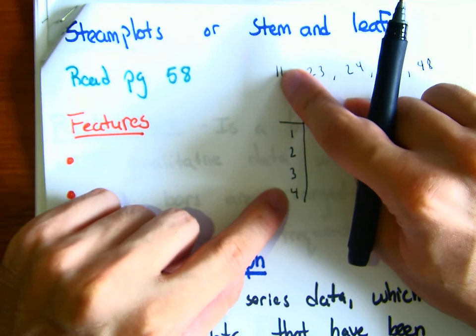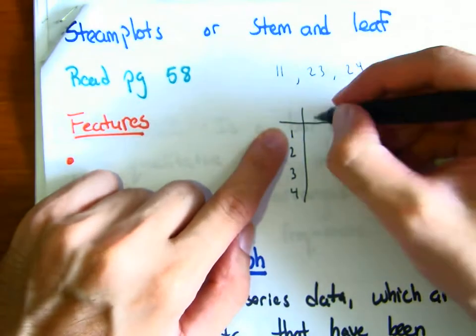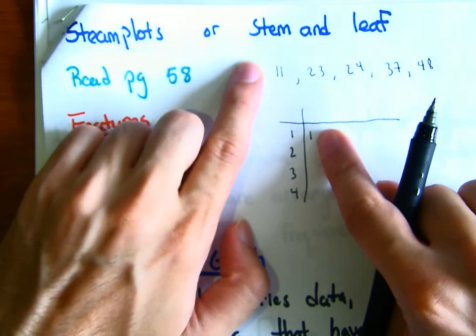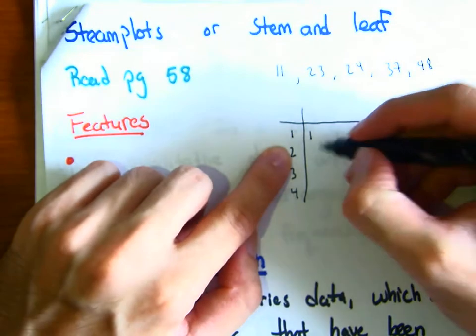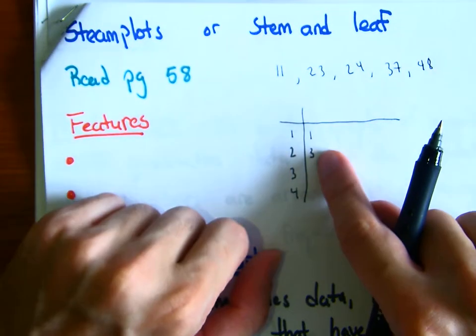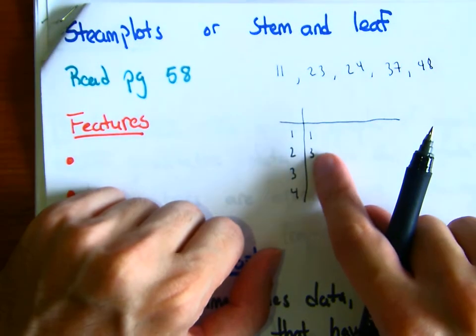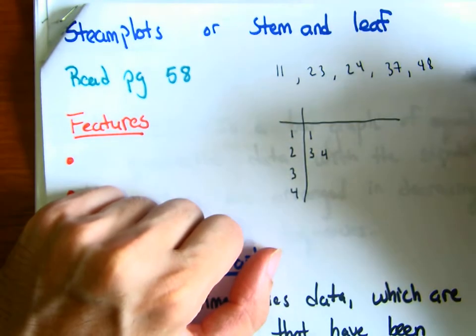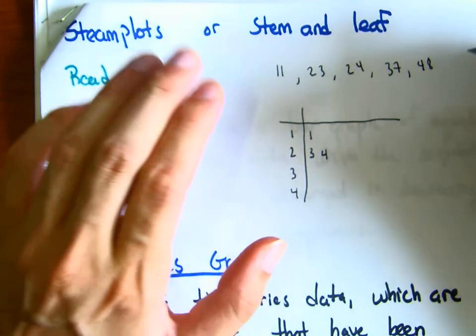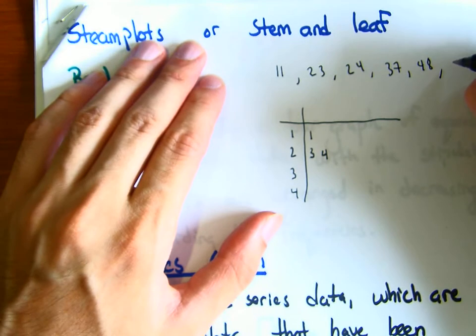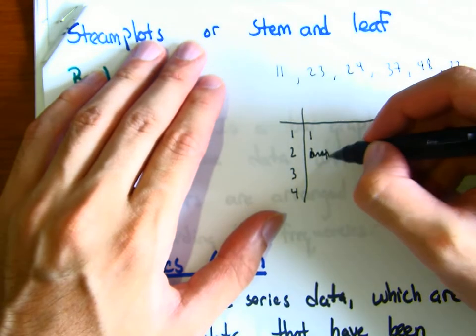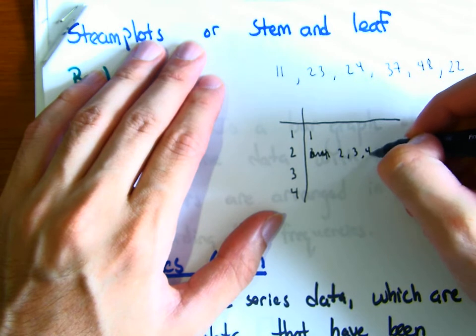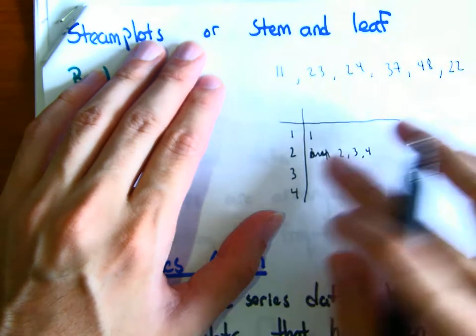This data value here represents 11. If I have a 3 here, then it represents 23. If I wanted to put 24, I just put the 4 there. And if I had a 22, I'm going to have to organize the data values so that they're in order, from least to greatest.